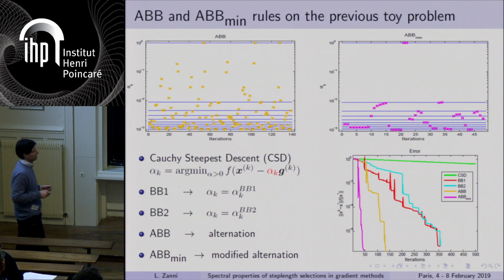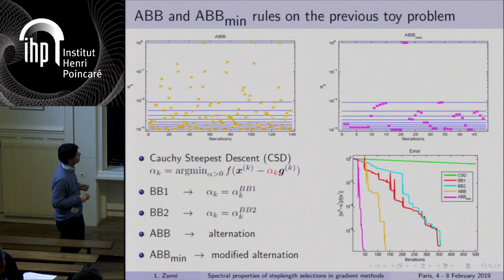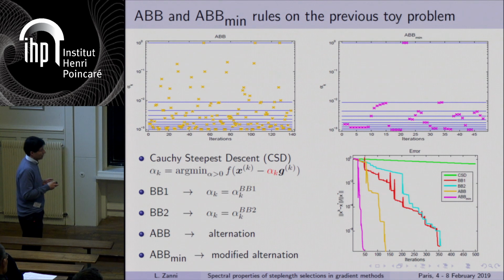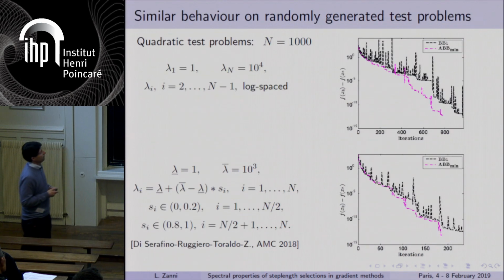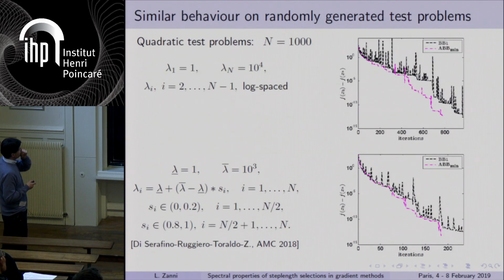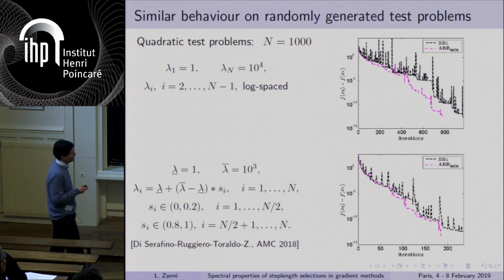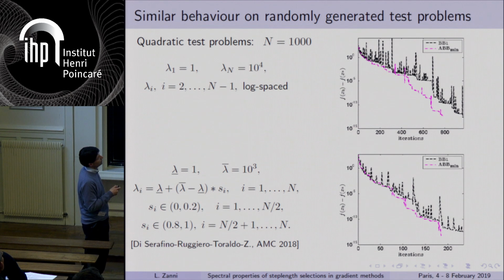This seems to provide interesting savings in the number of iterations. And then we can consider this some kind of improvement of the standard Barzilai-Borwein rule. We have verified this behavior also on many other randomly generated quadratic test problems, and usually we find it convenient to work with the Barzilai-Borwein rule, but in this alternated way.